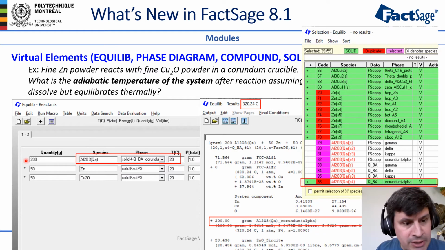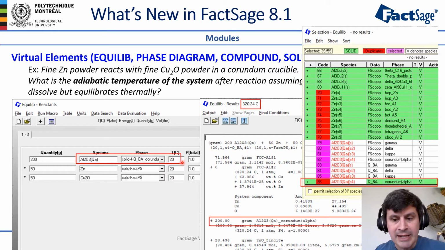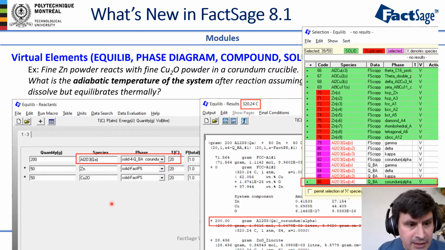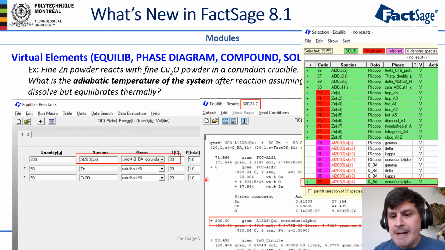And now I'm entering 200 grams of my crucible, which is the alumina QA compound, and I select the phase corundum at 20 degrees Celsius as a reactant with initial conditions. And I'm adding 50 grams of both the zinc powder and the copper oxide powder at 20 degrees Celsius. Now in the selection of compounds, I will see appearing the new alumina QA species in different databases.